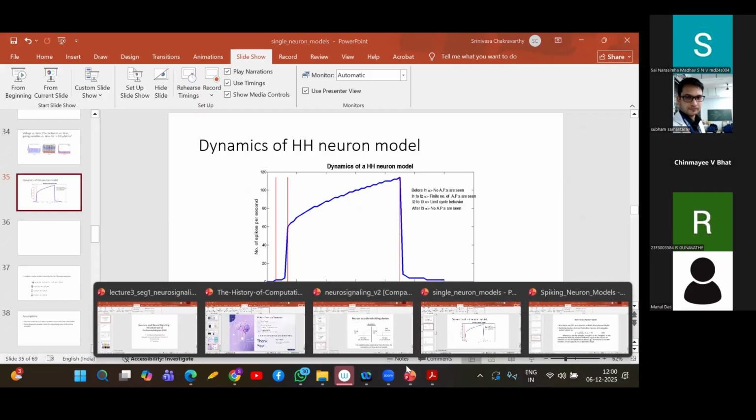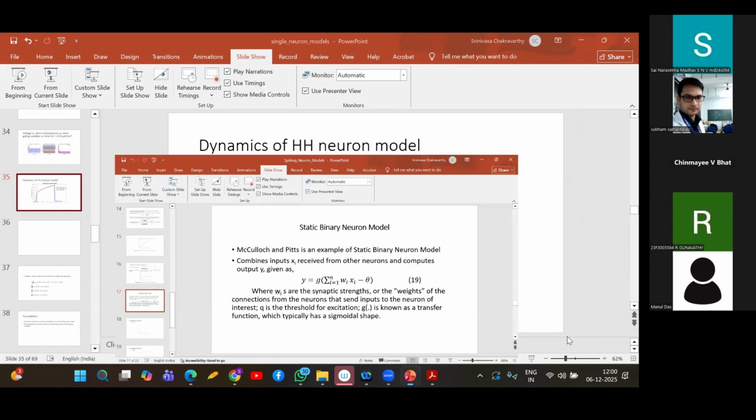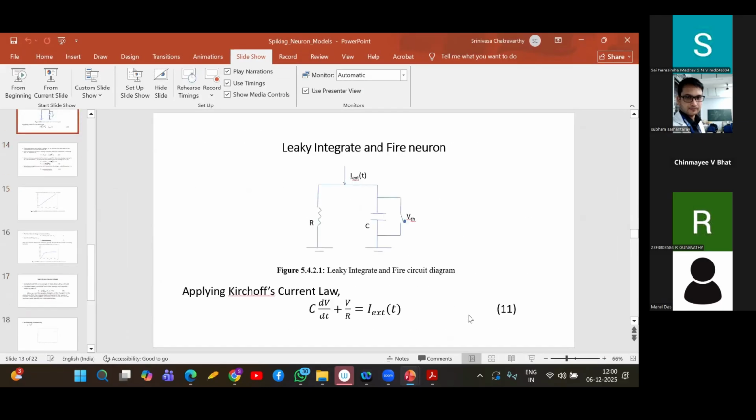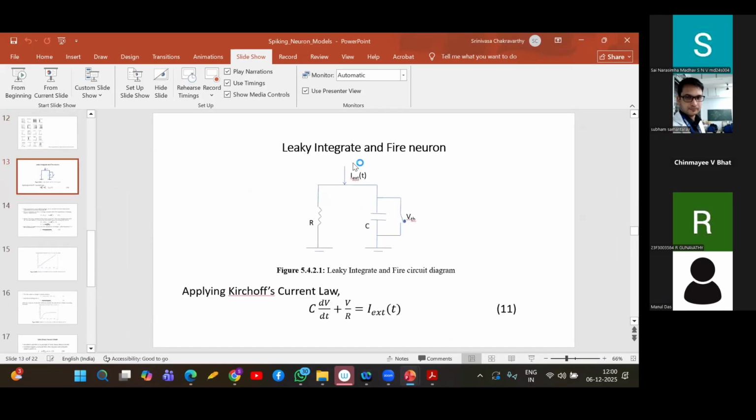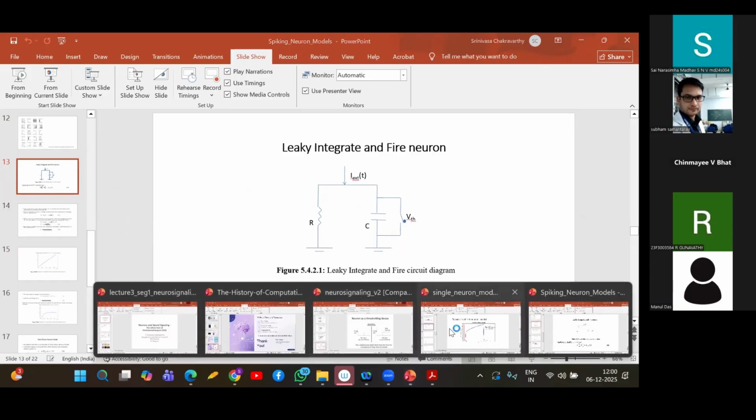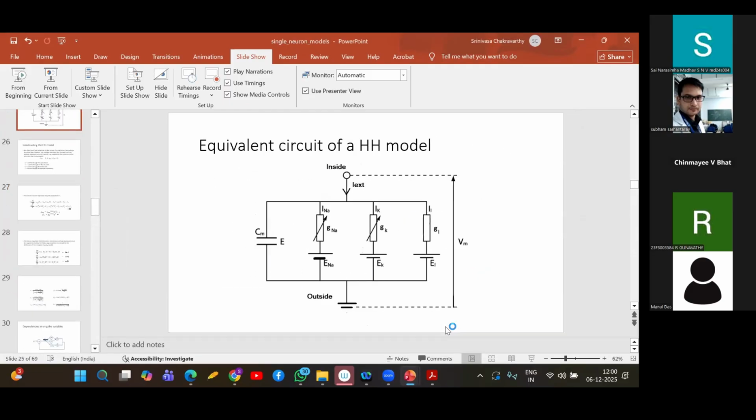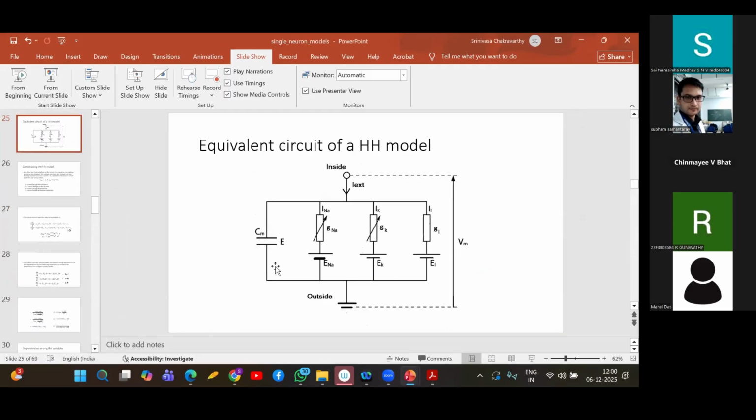Now, what I have done in the case of the leaky integrate-and-fire neuron is I got the same thing using a very simple circuit model. In the Hodgkin-Huxley, I had such a complicated circuit model, right? A lot of conductances and batteries, and the conductances are time varying, very complicated. But see this.